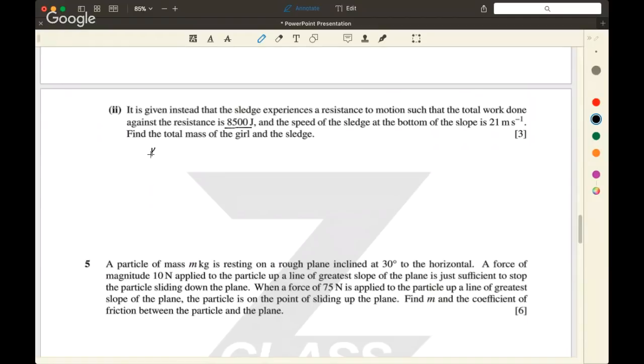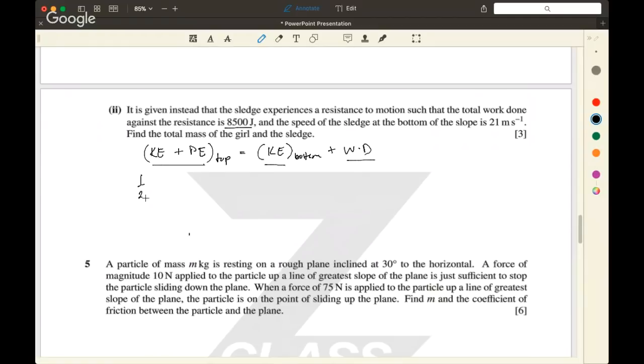So you have kinetic energy plus potential energy at the top is now going to be equal to kinetic energy at the bottom plus the work done, which makes sense, right? She's got all this energy available to her at the top of the hill, and some of it gets used up doing work by fighting friction, and the rest is available for the kinetic energy.